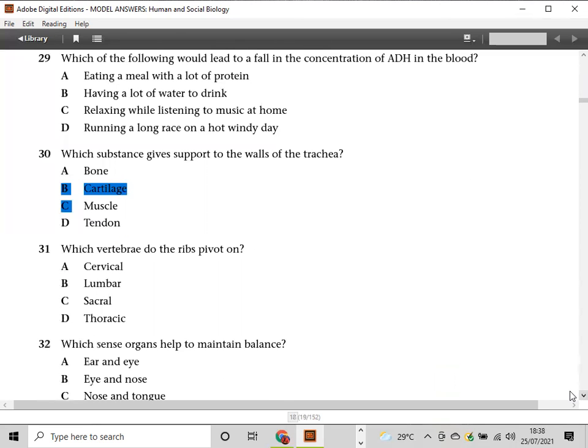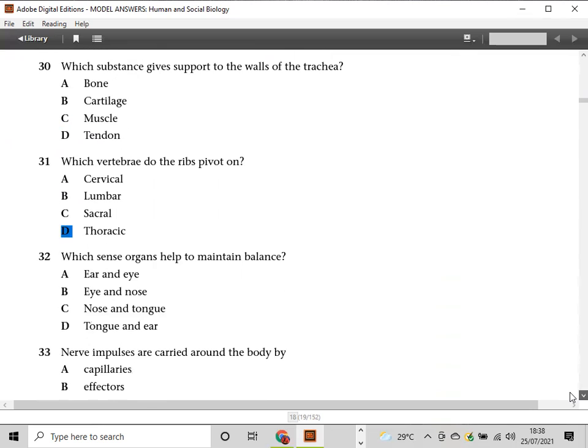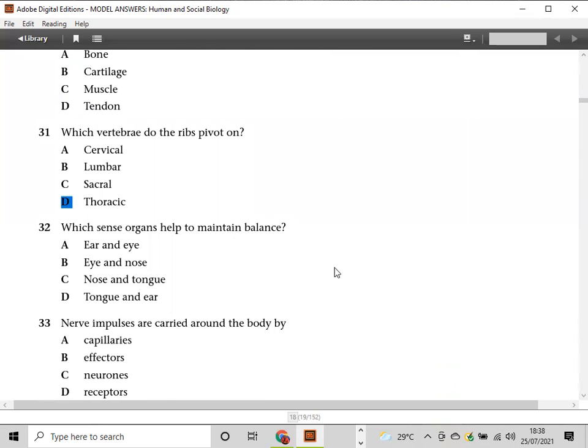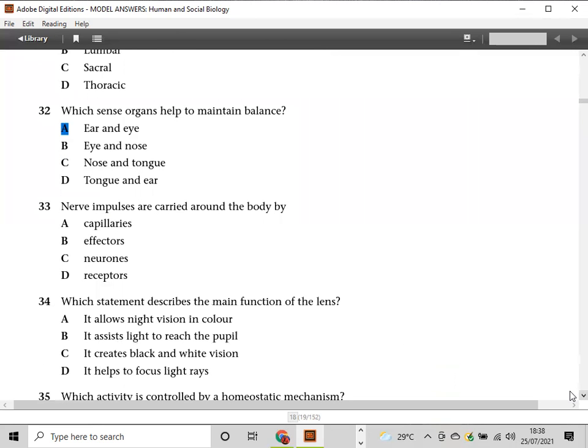On to 31, going on good. 31 is D. Which vertebrae do the ribs pivot on? And 32 is A. Which sense organ maintains balance? That's the ear. And 33 is C, neurons.